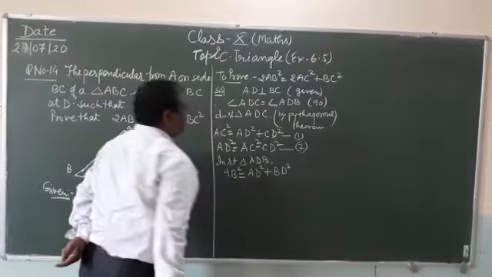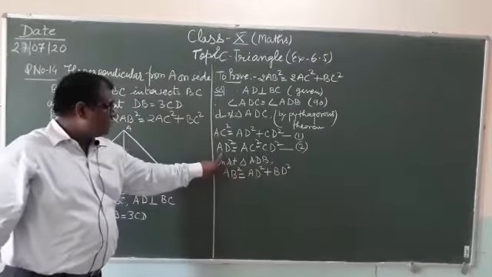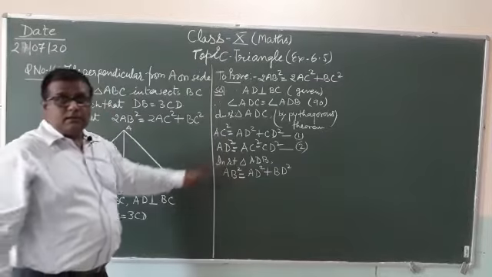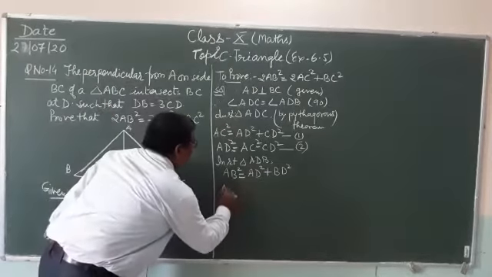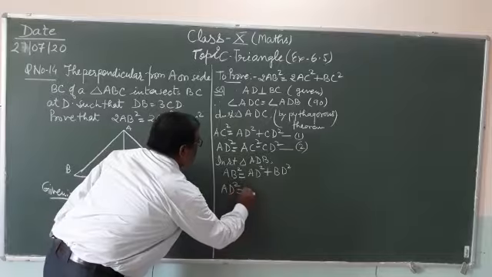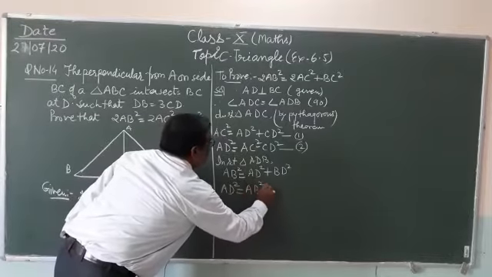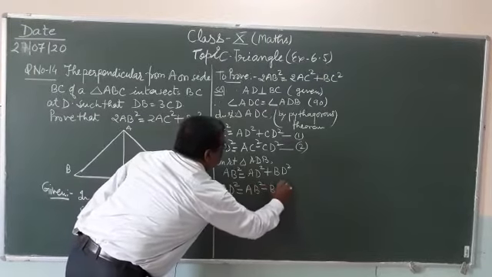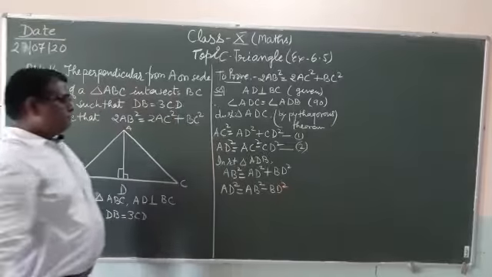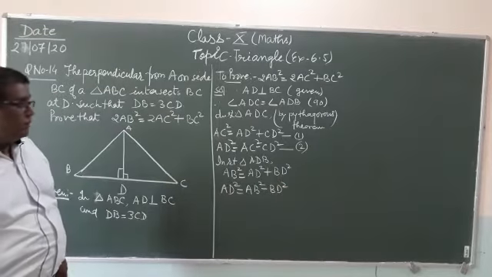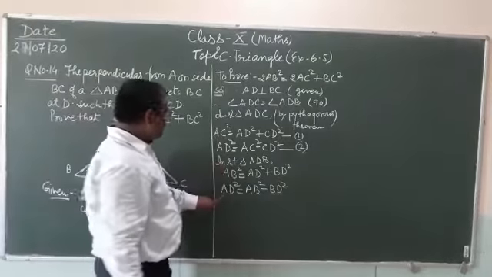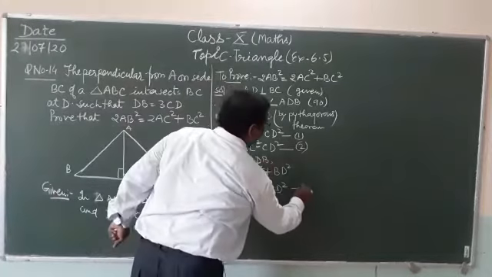Now finding AD square, AD square is equal to AB square minus BD square. Clear? This is equation number 3.